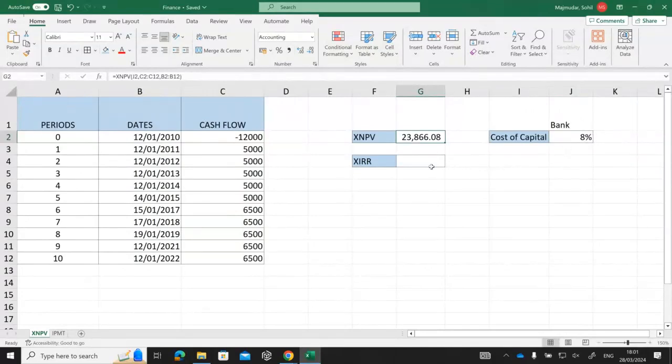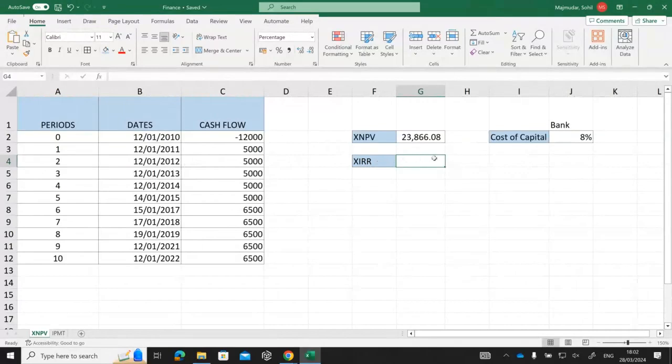So now the question is, what is the rate of return you're getting here? That is the meaning of IRR. It's the internal rate of return. So now what do you think?